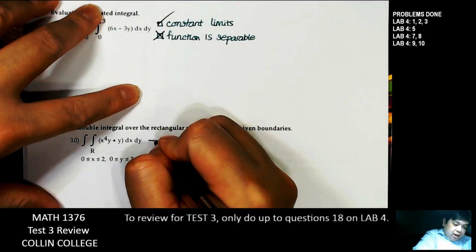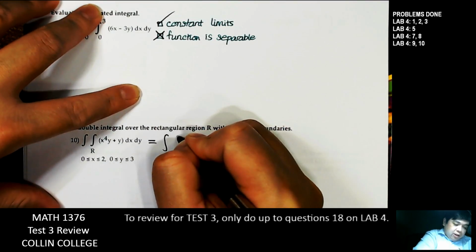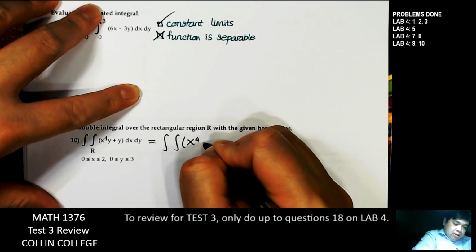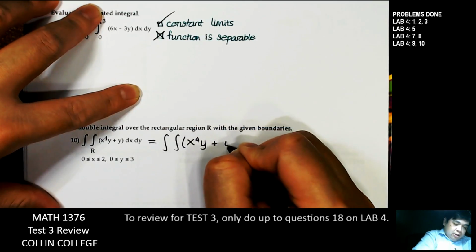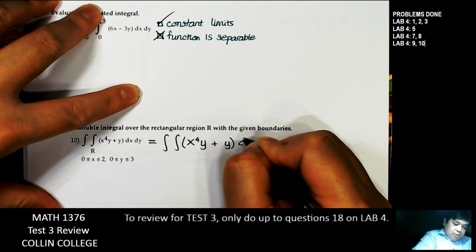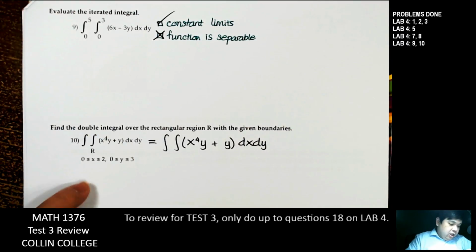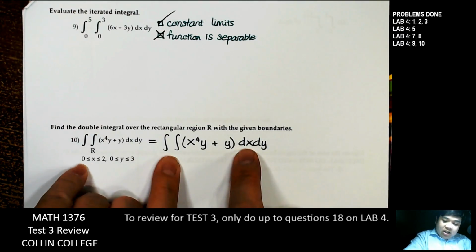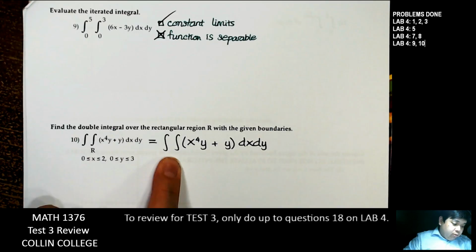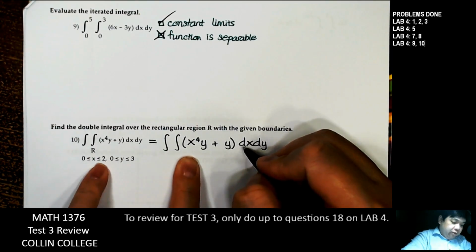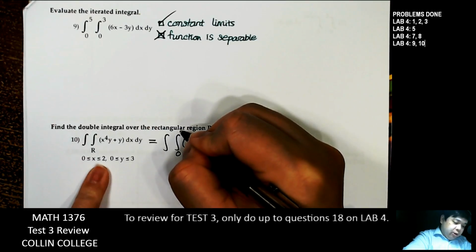So first, I will rewrite the problem with the proper limits. The limit for x will be the inside. We go from 0 to 2. So inside, we have x, so 0 to 2.